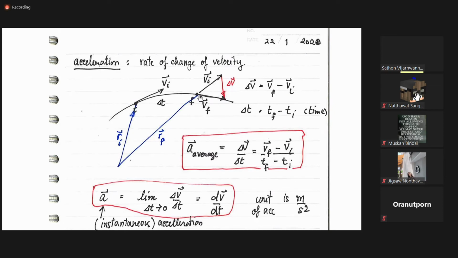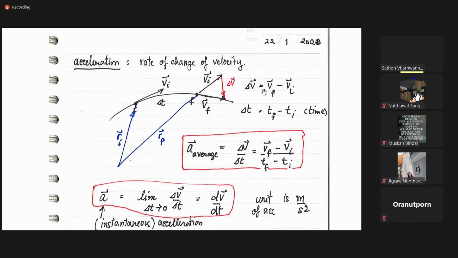Now you see that this is Vf, the instantaneous velocity of the object at that point. It is tangential to the path. Vi is moving here, so this is Vf, this is Vi. So the velocity changed by delta V, which is the red vector here.